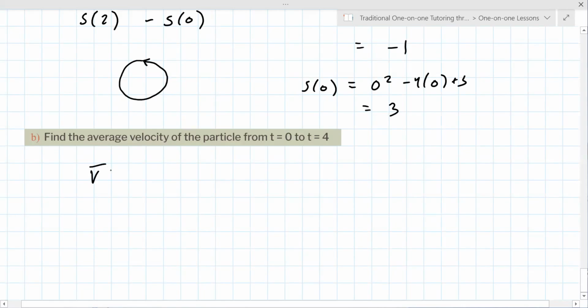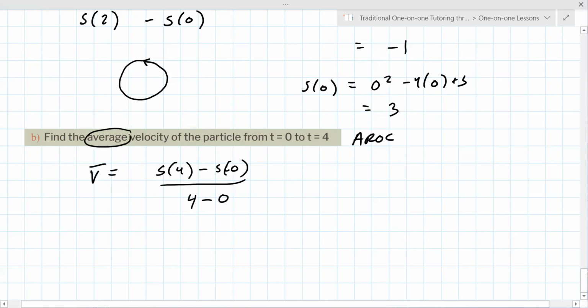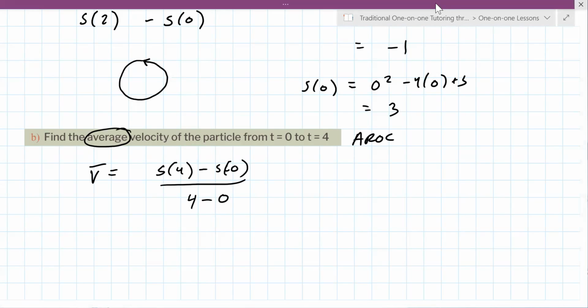The average velocity is the average rate of change, so this is s of 4 minus s of 0 over 4 minus 0. And see how that's that equation. Yes, because it says average velocity. If it said velocity, you would find the derivative, but because it's average velocity, it's the average rate of change thing that you've already figured out.